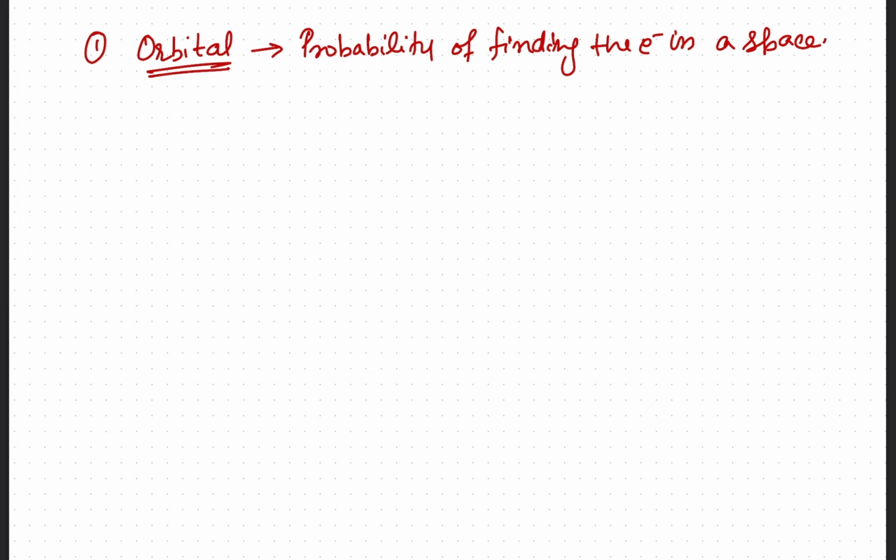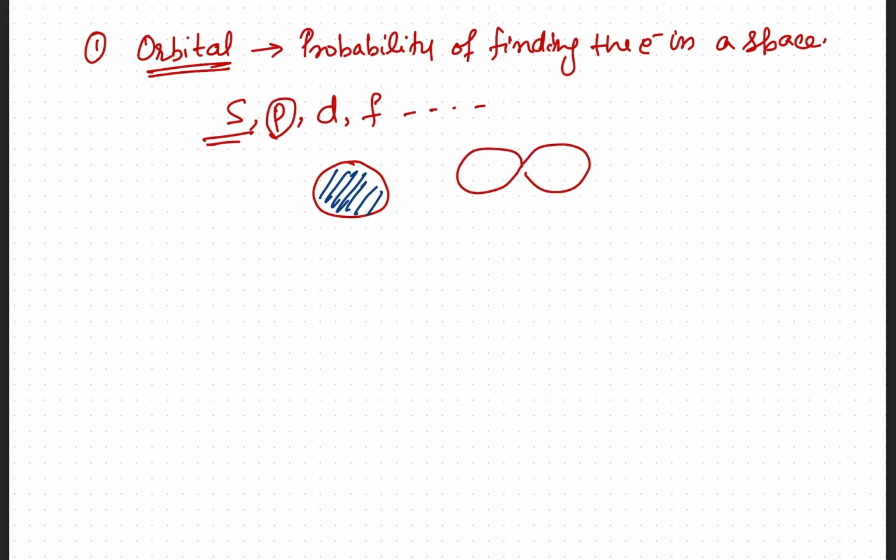For example, we have s orbital, p orbital, d orbital, f orbital, and so on. We know the shape of the s orbital is spherical, so the probability of finding the electron is over here. The shape of the p orbital is dumbbell shape, so the probability of finding the electron is over here. Clear?